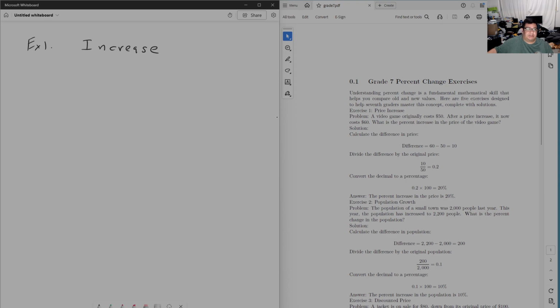So it goes from $50 to $60. What is the percent change? Okay, so the way we're going to work it is first we'll calculate the difference. The difference is equal to 60 minus 50, and that's going to be equal to $10.